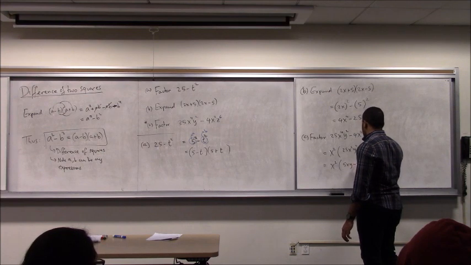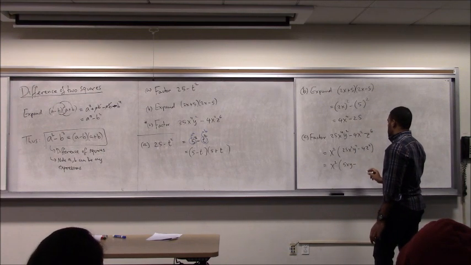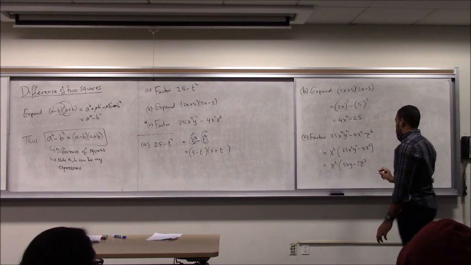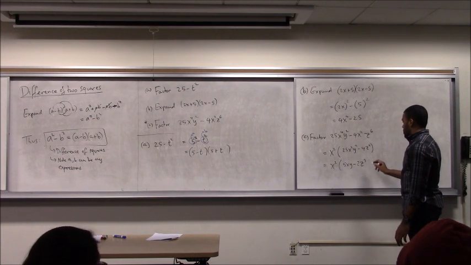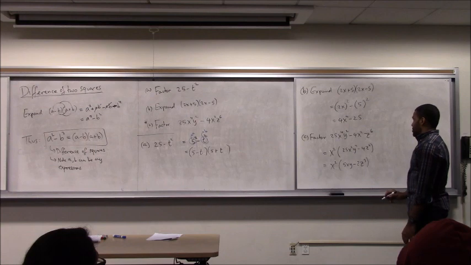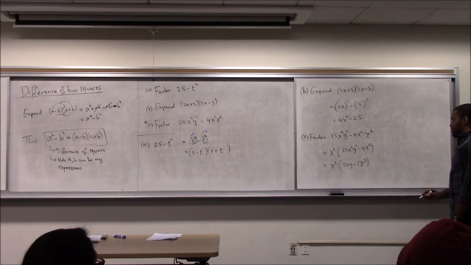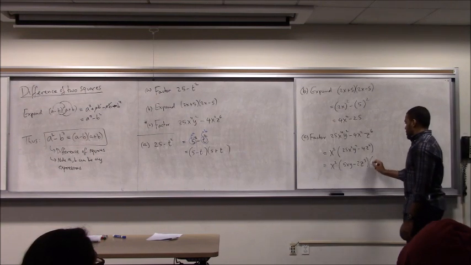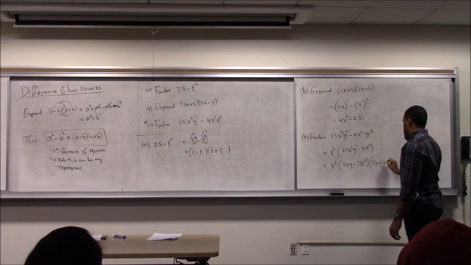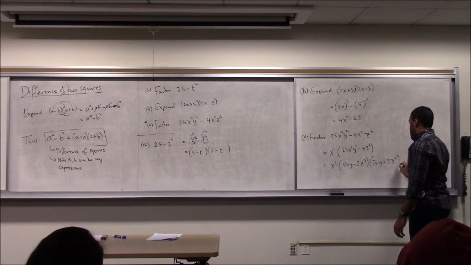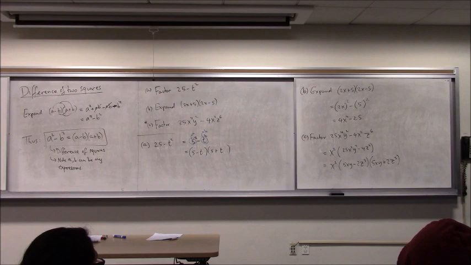Five xy minus 2z cubed, and then 5xy plus 2z cubed. So that's how it would factor.